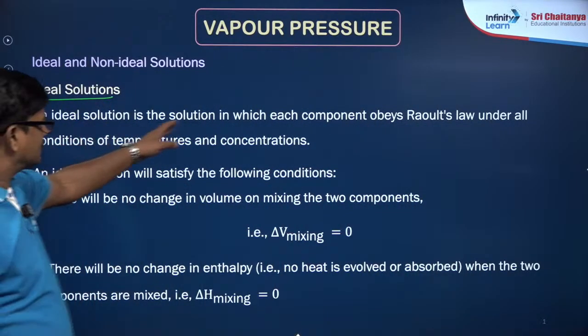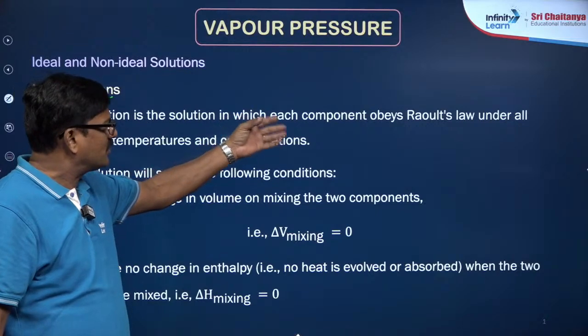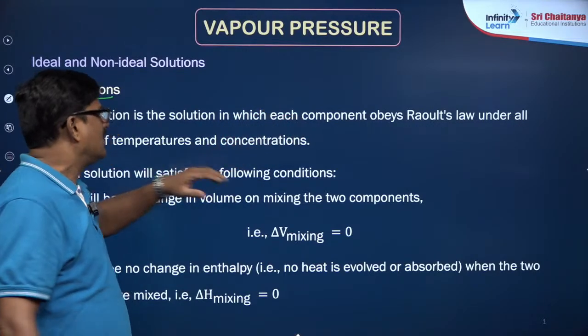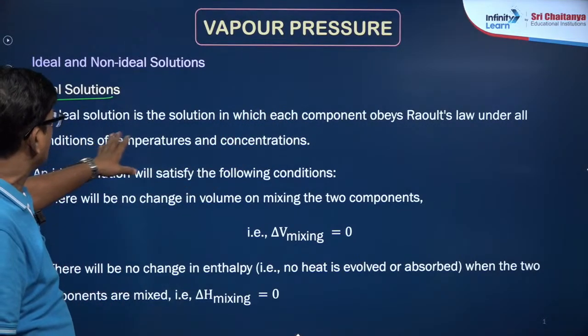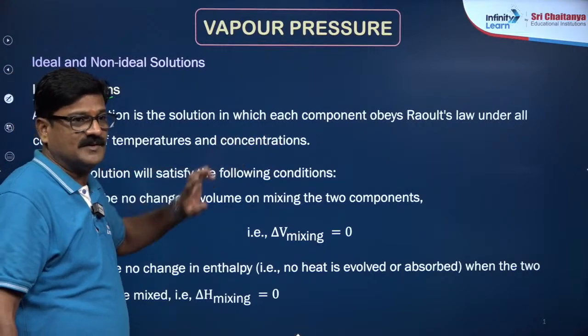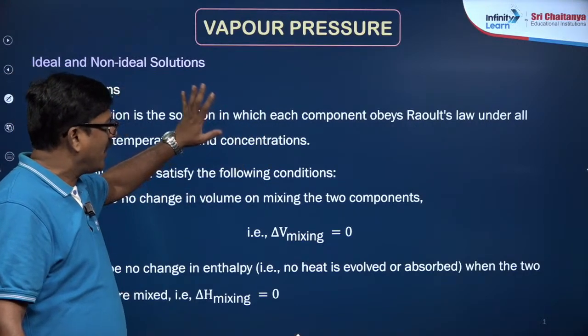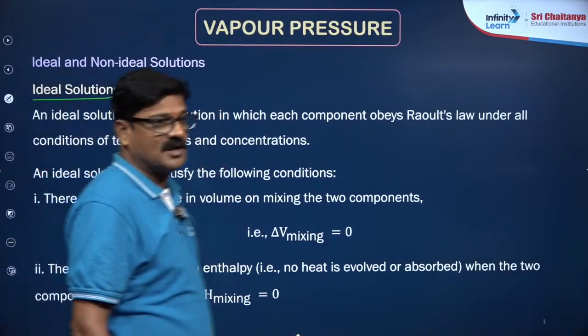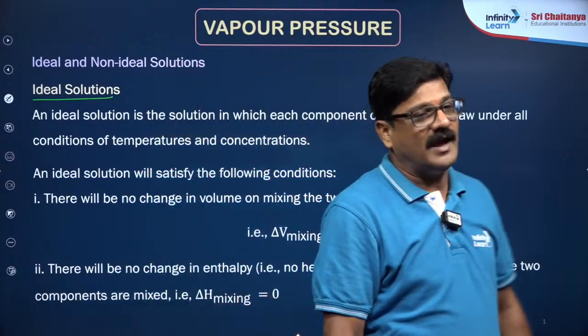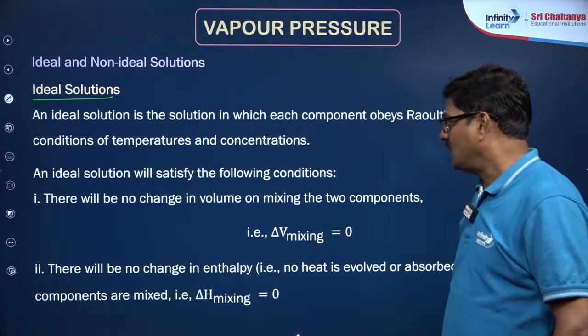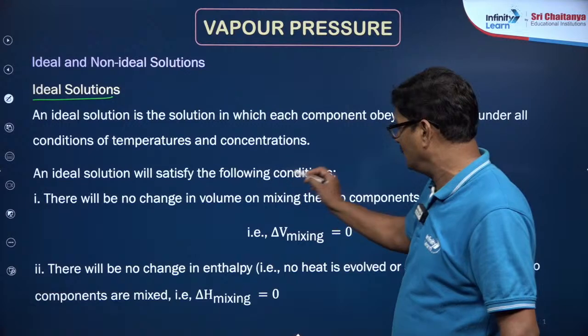An ideal solution is a solution in which each component obeys Raoult's law under all conditions of temperature and concentration. So it should accept all solution laws, Raoult's law and this graph. An ideal solution will satisfy the following conditions.